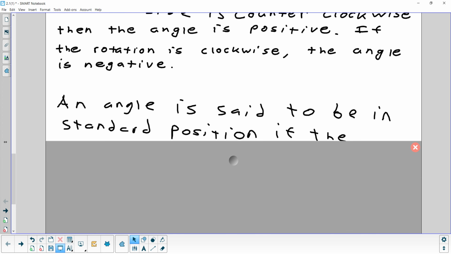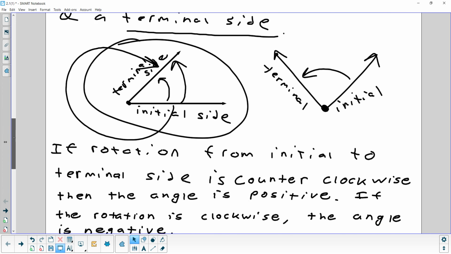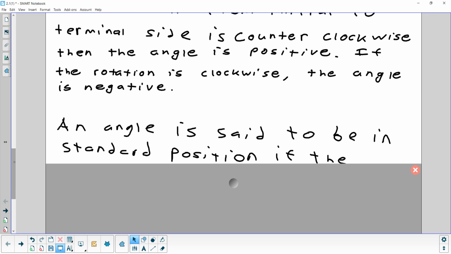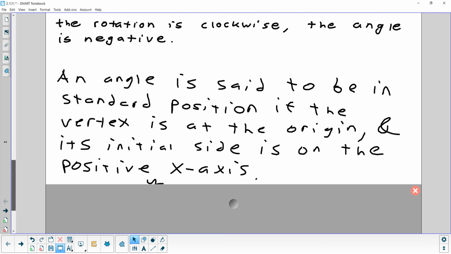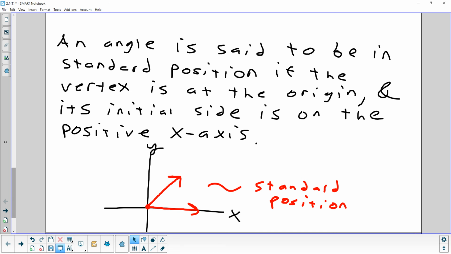So I told you that there's a standard or normal way that we draw an angle. The way on the left is good. The way on the right, not really as good. The normal way that we draw an angle is what's called standard position. An angle is in standard position if two things happen. The two things are, one, the initial side is on the positive x-axis.